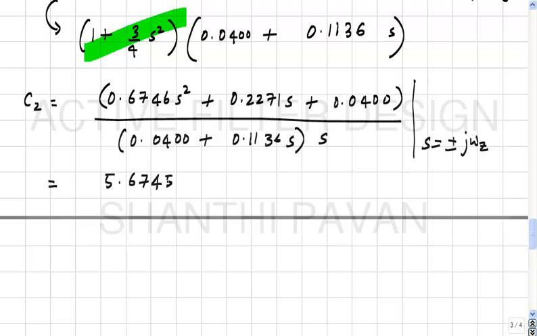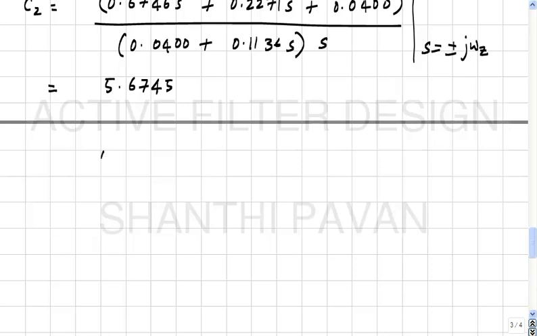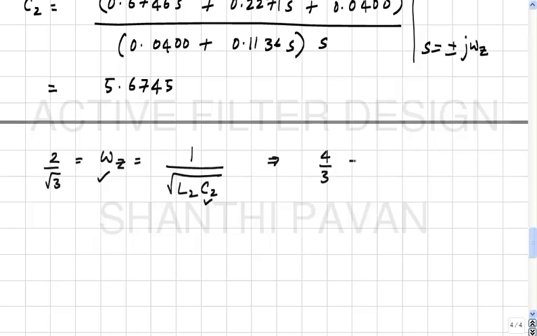All right. So people have confirmed that C2 is this. So, omega z, as we know, is 1 by square root L2 C2. Omega z is known, and that is 2 by root 3. L2 is not known, C2 is known, which means 4/3 is 1 by L2 times C2.